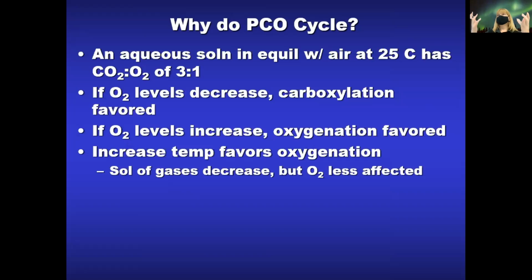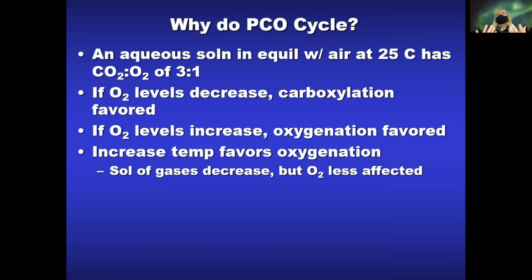They want to bubble out of solution, so to speak. But oxygen comes out slower than CO2. That's just the chemistry and physics of it. So oxygen is less affected by higher temps. Oxygen will stay dissolved in the aqueous solution, which means it can stay around Rubisco longer under high temps.